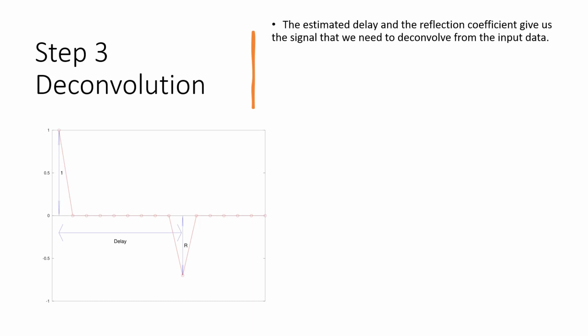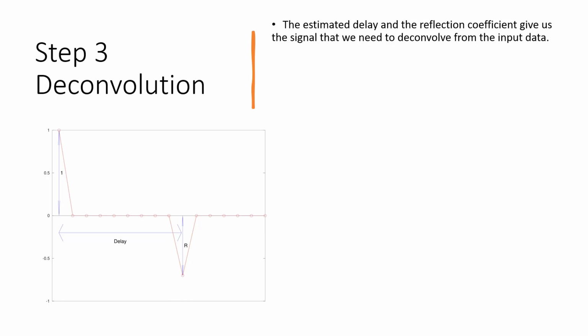And the deconvolution: once we've got the parameters for each part of each trace, we end up with a signal we've got to deconvolve. So we have the primary, which I've set to amplitude 1 here.